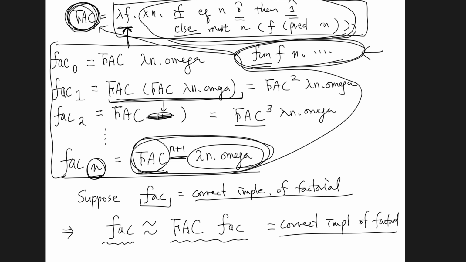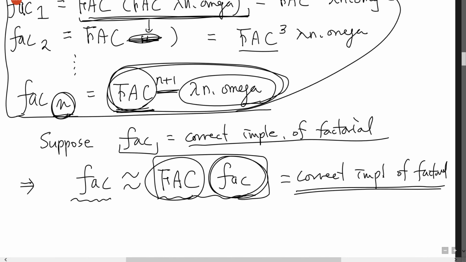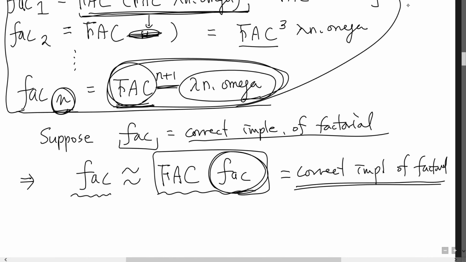What happens if we apply this capital fact to an existing correct implementation of factorial? Then there's no room for further improvement. But the result should also be a correct implementation of factorial. So informally, we have this equation.